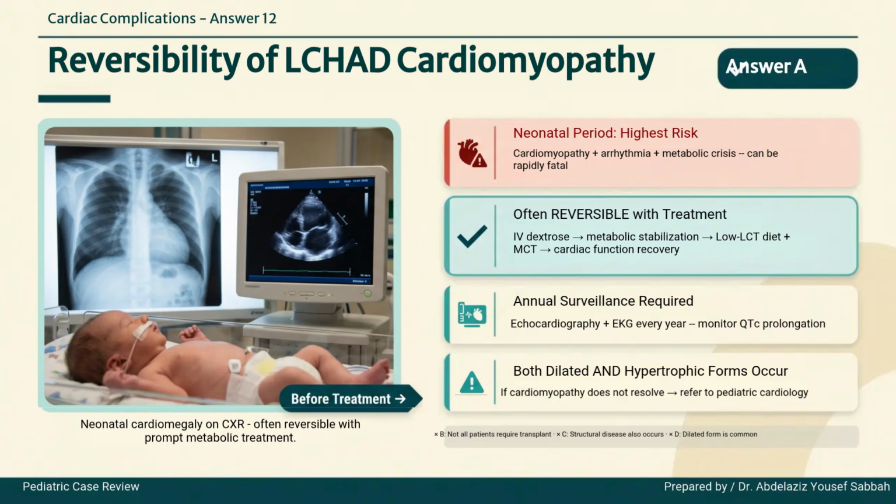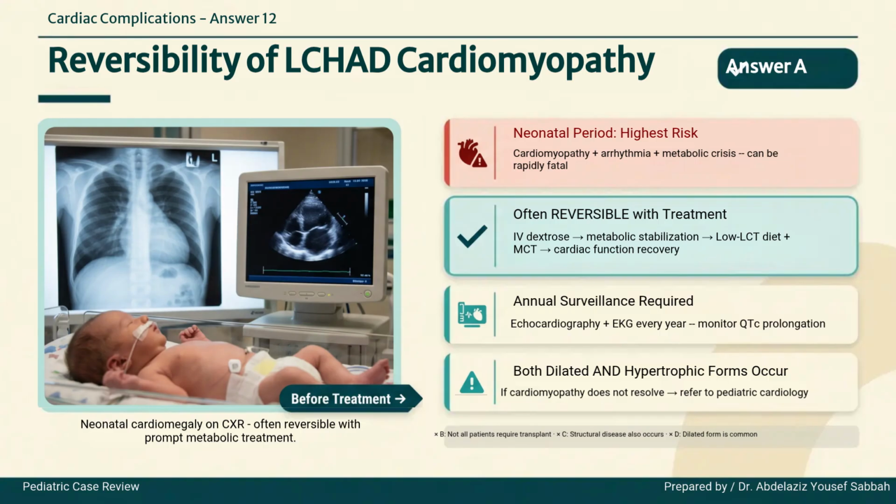The neonatal period carries the highest risk because cardiomyopathy, arrhythmia, and metabolic crisis can combine and be rapidly fatal. However, with intravenous dextrose leading to metabolic stabilization, followed by a low long-chain triglyceride diet with medium-chain triglyceride supplementation, cardiac function can recover.